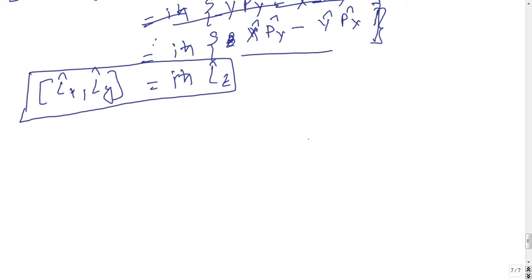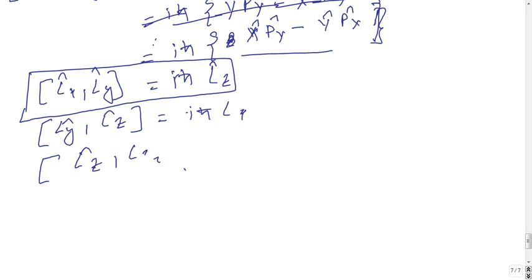If you similarly evaluate all the possible commutations between these three operators Lx, Ly and Lz, the remaining terms would be iħ Lx and iħ Ly.